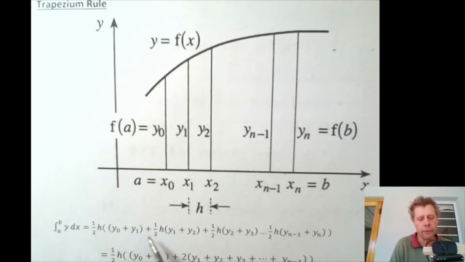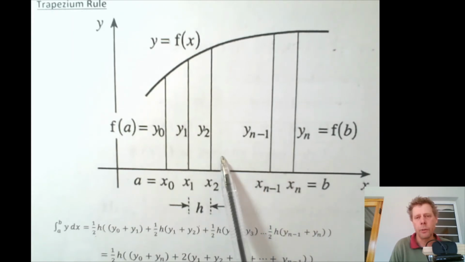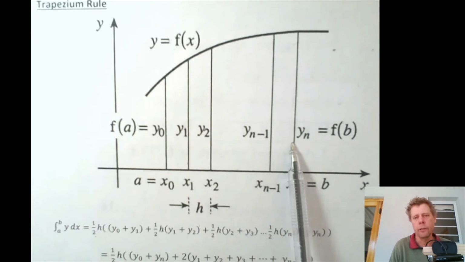Each one of these is essentially the area of all these little trapeziums that are now being added together. But if you look carefully, you'll see there's a y1 here and a y1 here and a y2 here and a y2 here. They're all divided by half. So all the middle fence poles occur twice, whereas the outer two, your y0 and your yn, only occur once.